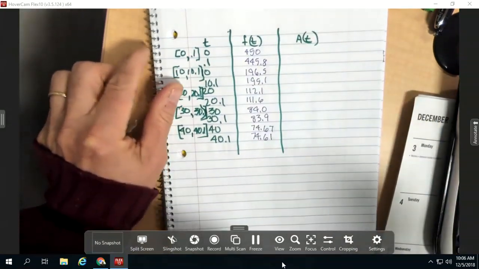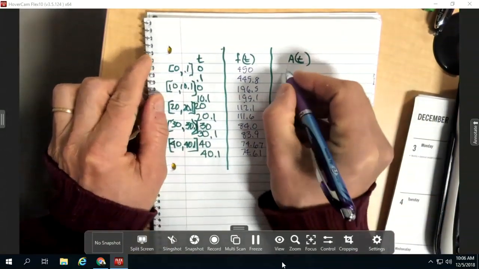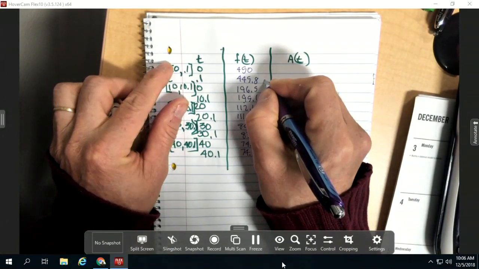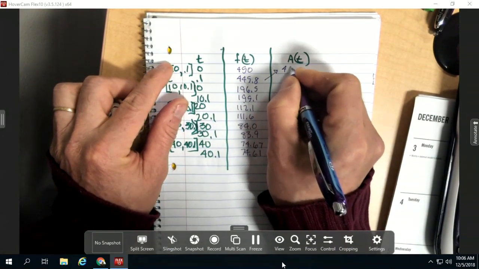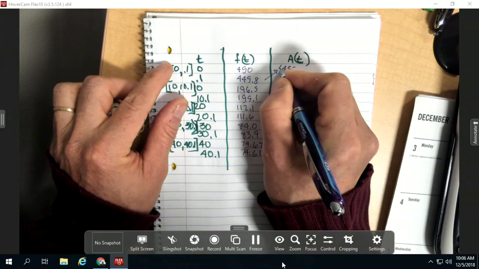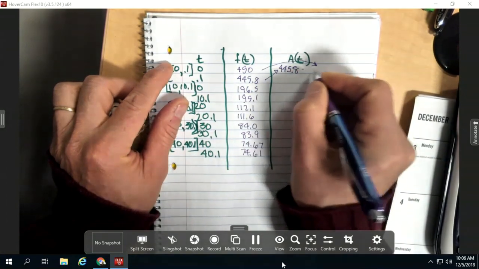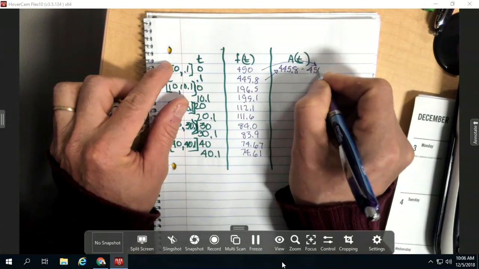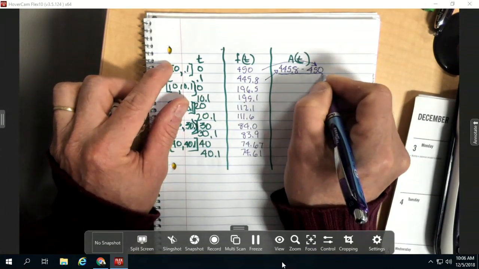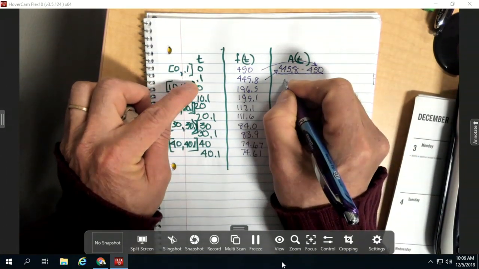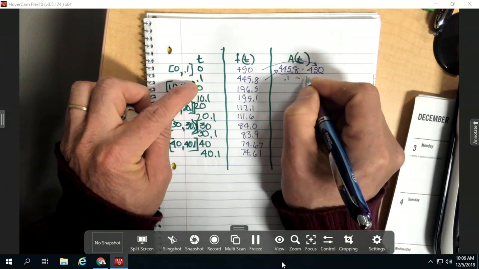So now when we do the A of t, our A of t formula is this number, 445.8, minus this number. But this time we have to divide by 0.1 minus 0.